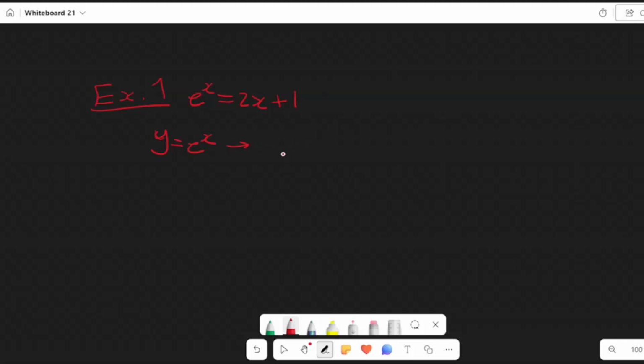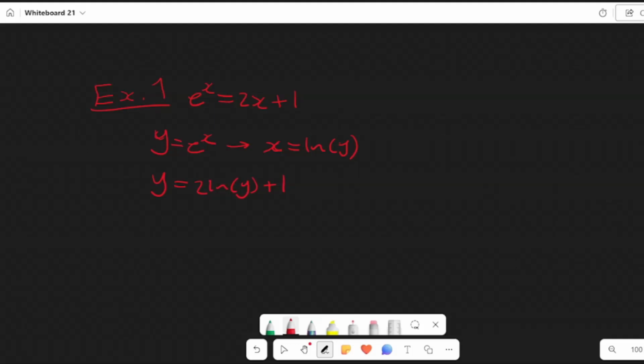So y is equal to e to the power x, so x is in that case equal to the natural log of y. And we can just substitute that in for our variables here. So y is equal to 2 natural log of y plus 1.